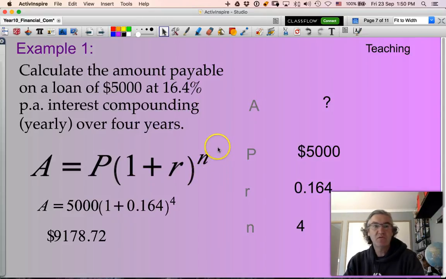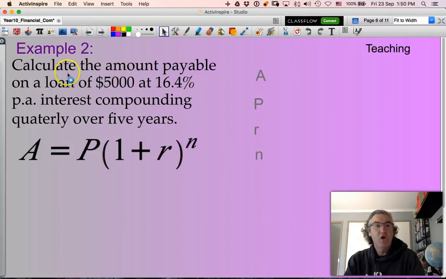Where it gets more interesting is this type of example here. Now, say I want to calculate the amount payable on a loan of $5,000 at 16.4% per annum with the interest compounding quarterly, and this time we'll be looking at 5 years worth of interest calculations. So again, I need to calculate how much do I need to pay back, and I am borrowing $5,000.